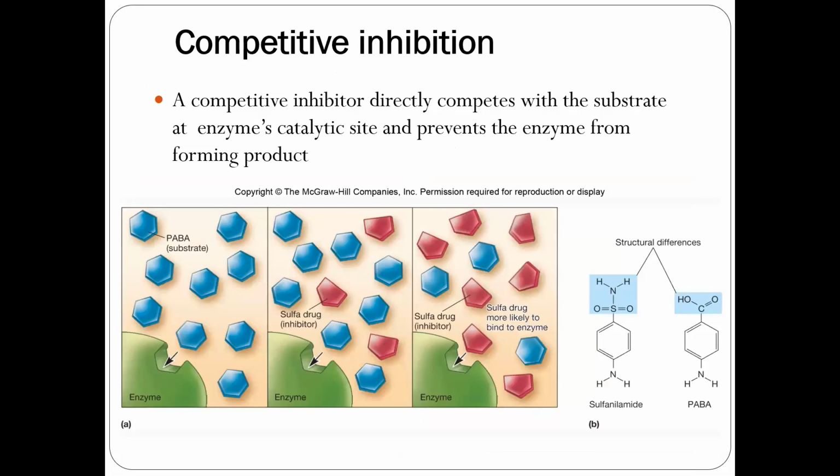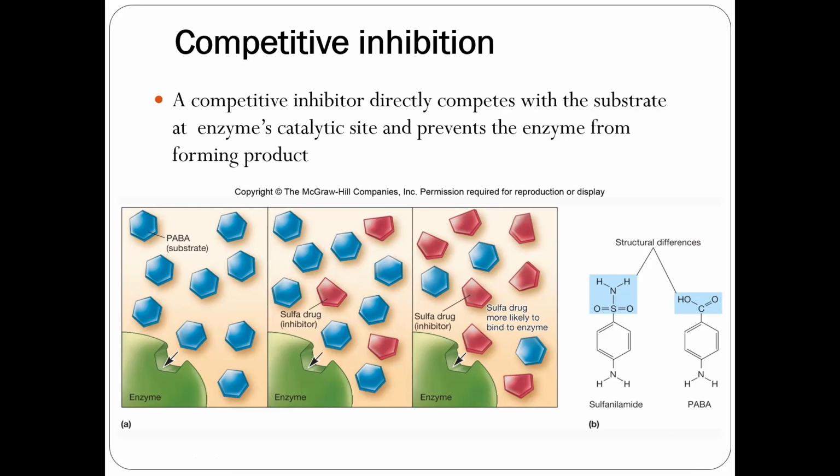Now, there is competitive inhibition that impacts the enzyme. We already mentioned there is a sulfur drug called a sulfonamide. We just call it a sulfur drug. This was the first antibiotic made, though we still call it an antibiotic. So what's the story? Bacteria need to form folic acid.